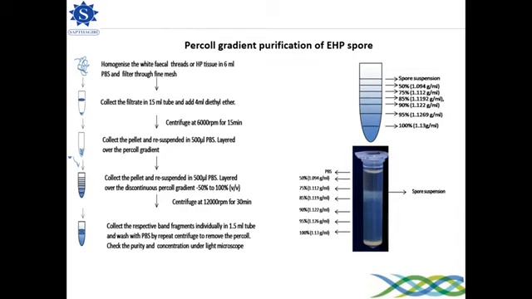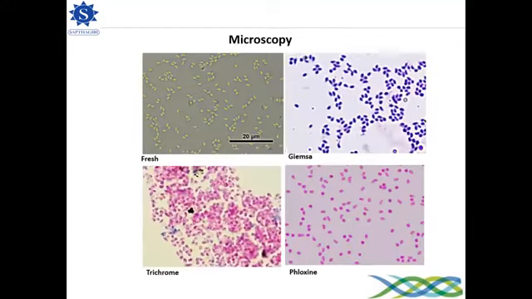In order to purify the EHP spores, the chemical used for gradient preparation is Percoll. The Percoll gradient allows spore separation from debris. Through this method, we can separate the spores in a purified form to conduct other studies. So these are the different microscopic pictures of EHP spores.